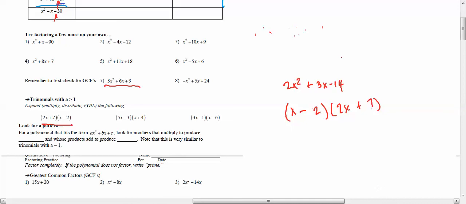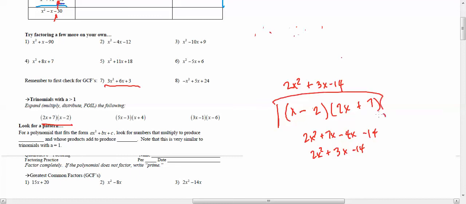Like I said, this process is just guessing and checking, this painful thing. All right, so that would be 2x squared. The outers would be 7x. The inners would be negative 4x. And the last would be negative 14. 7x minus 4x is 3x. Good. Then this is my answer.